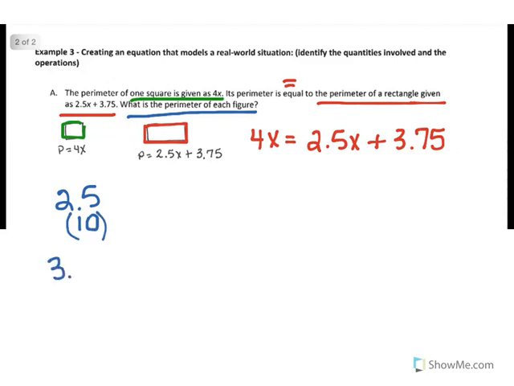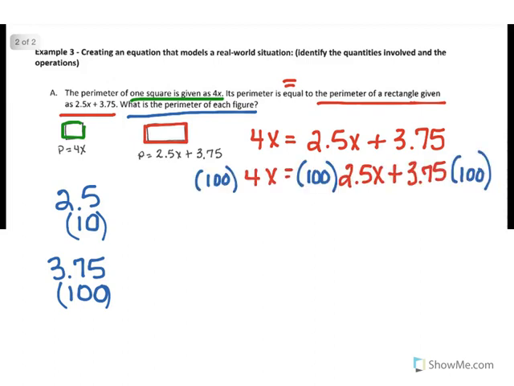Then I have 3.75, which means I have two numbers behind the decimal, which means it's times 100. Because of the 100 being larger than the 10, I need to multiply each term by 100. Just rewrite the problem to where you're multiplying each term by the 100. I have 100 times 4, which gets me 400.